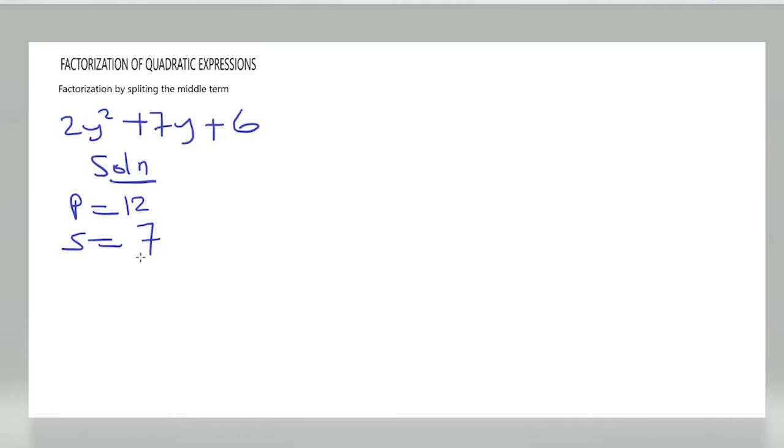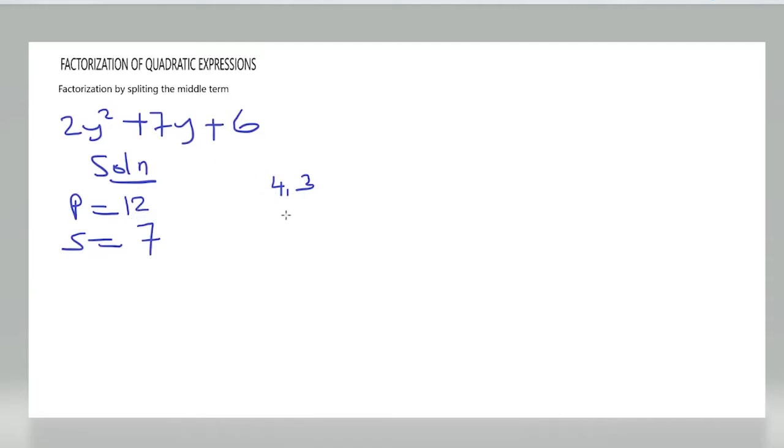Listen to me and understand it carefully. You have two numbers. When those numbers are multiplied, you get a product of 12, and when those numbers are added, you get 7. What are the numbers? I have found the numbers to be 4 and 3. Now 4 plus 3 you get 7, and 4 times 3 is 12.